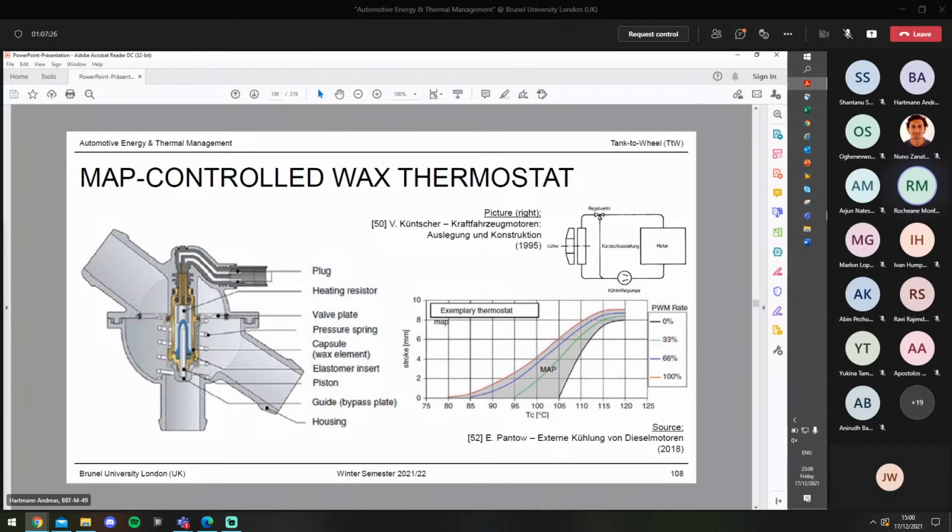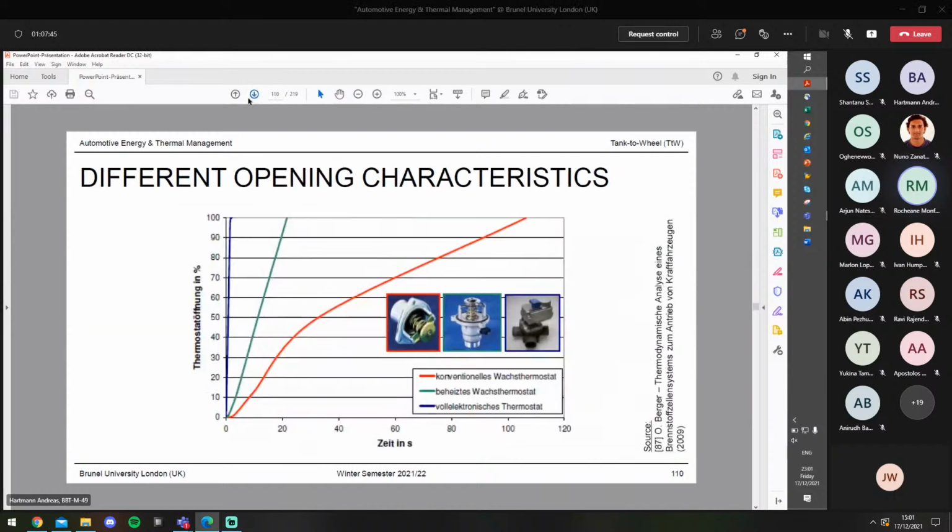Is it to divert pull energy to the engine and stop warmer coolant from going into the engine? So it would allow the channels to be a little bit more simplified.